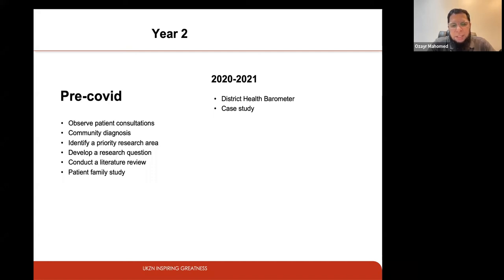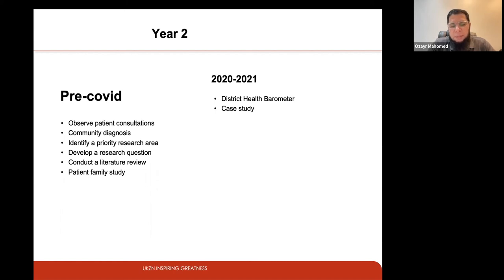What we did was we then asked students to look at a specific district from where they come from and analyze the data, identify what is the burden of disease, and from this convert the indicators into a priority health condition and complete the research question and literature review.